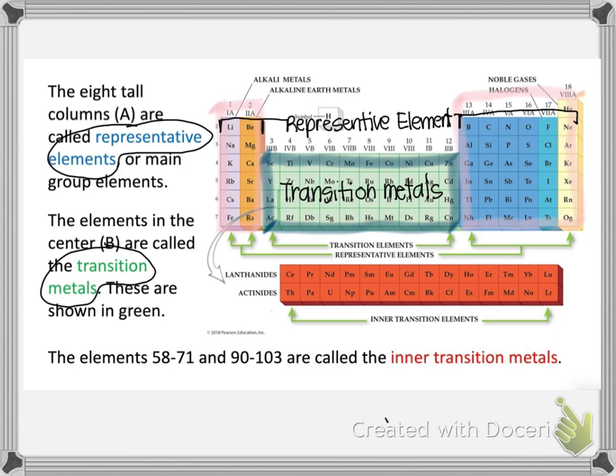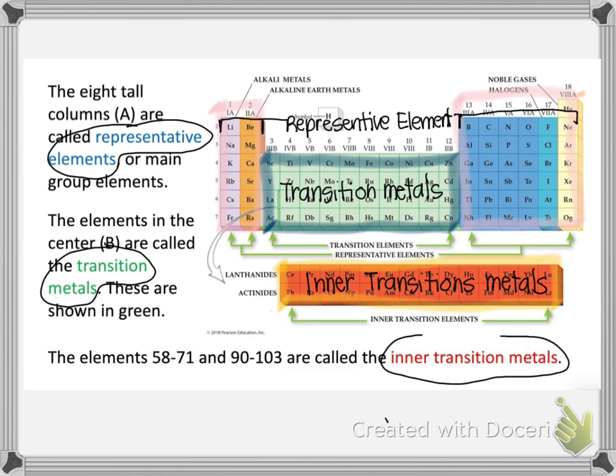And then finally, our last large section is this down here, the part that is removed from the main body of the periodic table, and these are called inner transition metals or elements. The old or traditional ways of naming those two are called the lanthanides and actinides.